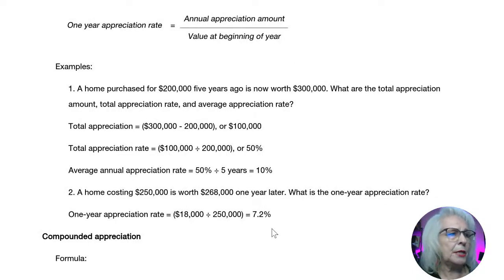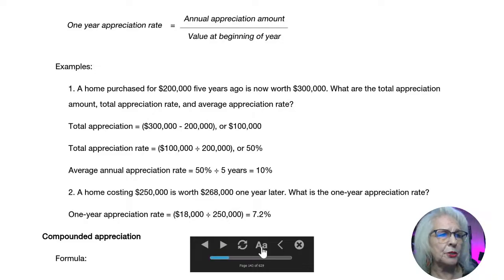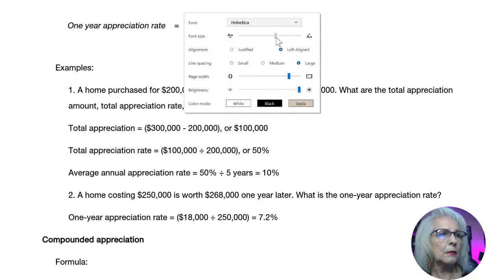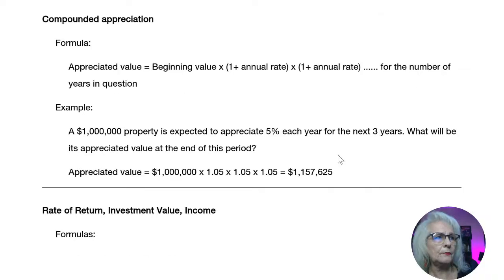So, compounded appreciation. It keeps adding up, right? You add the appreciation to the previous value, and then it appreciates again. So the appreciated value equals the beginning value times 1 plus the annual rate, times 1 plus the annual rate, because every year it's increasing, for the number of years in question.